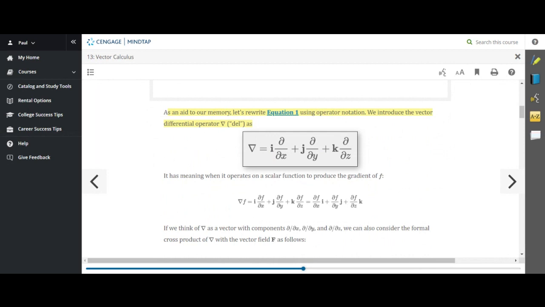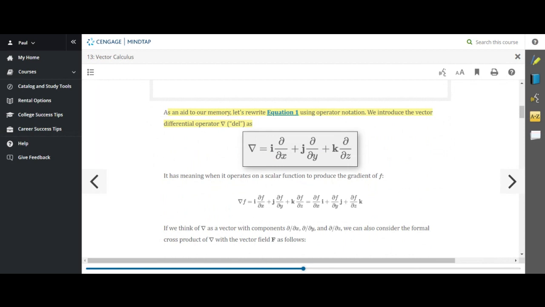It's an operator because it operates on a vector field. So think of it as a vector with the components, those partials. But it's just the partial derivative with respect to x, for instance, the first component.